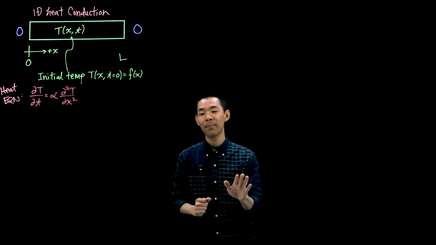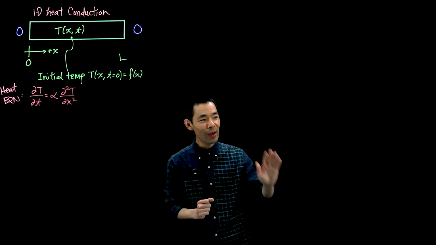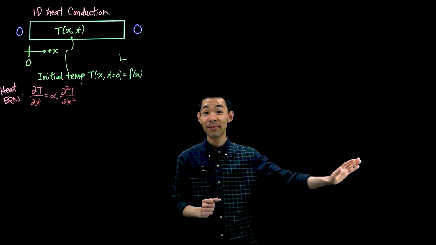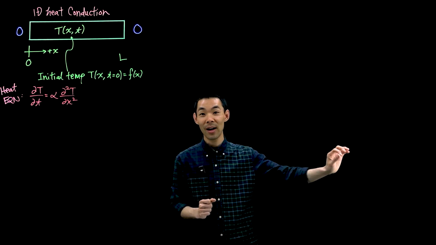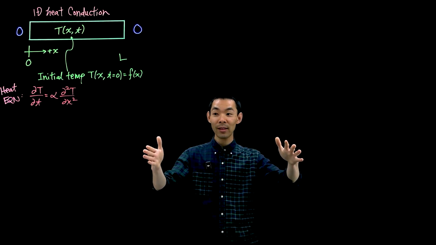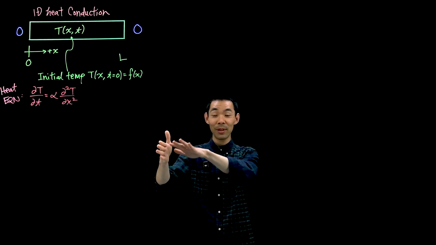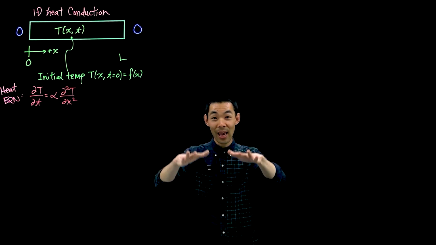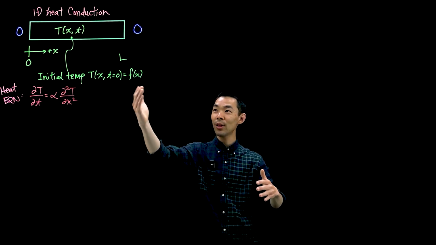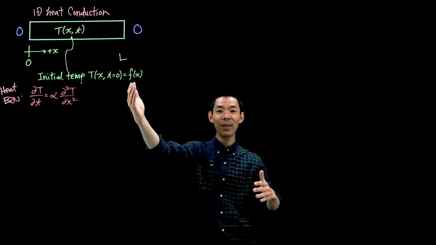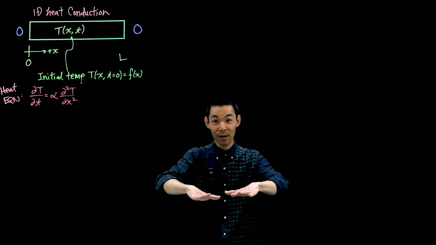Now, when you think about it, if you wait a very, very long time, infinite time, you would expect the temperature profile inside the material to decay. So your initial known function f of x will go away and disappear.